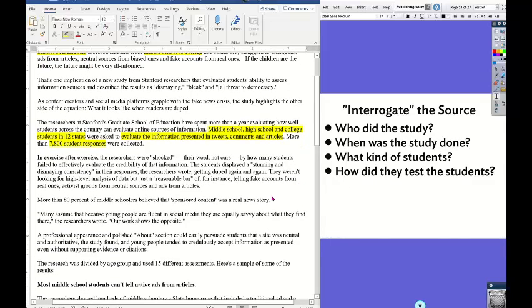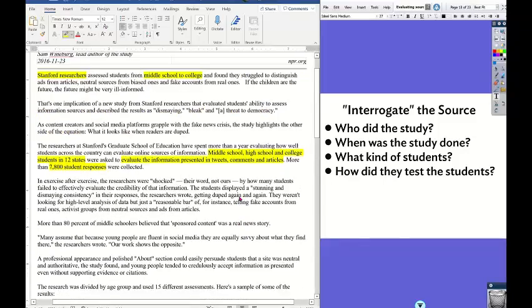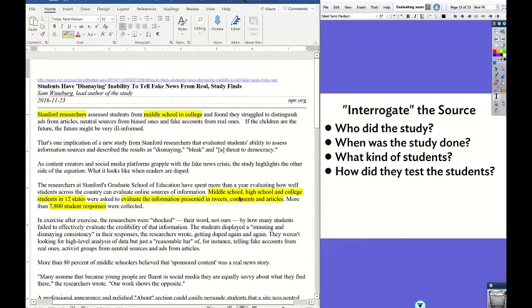In terms of how did they test the students, well, they're going to get into some of those specifics a little bit more as the article goes on. So what this is going to do is allow me, as I'm reading, by starting out asking these questions, to sort through the things that they're really basing their claims on, what are the premises, from the things that are assertions that they're drawing from those pieces of evidence.